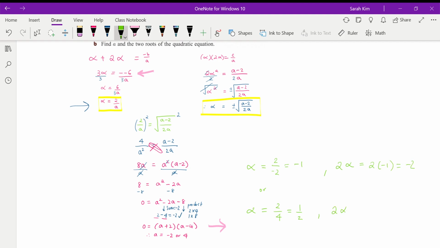Or the other option, 2 times a half, so that would be 1. So these are my options. Find a, I found a, those are my two options of a. And then find the two roots of the quadratic equation. It can be negative 1, negative 2 as my option, or a half and 1 as my option.